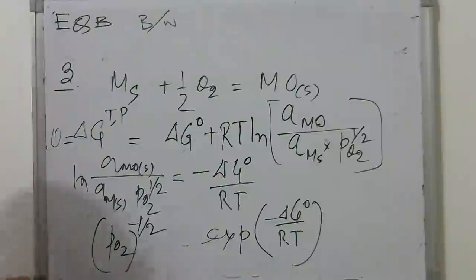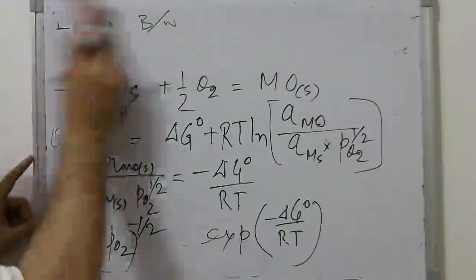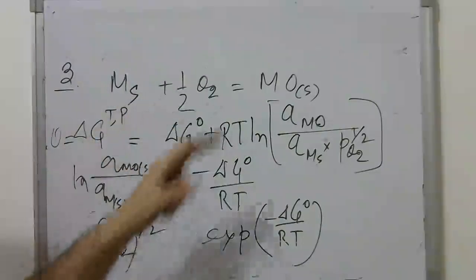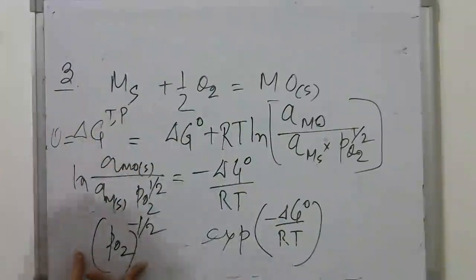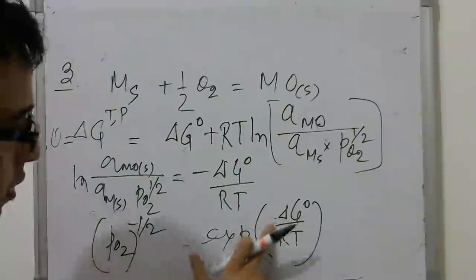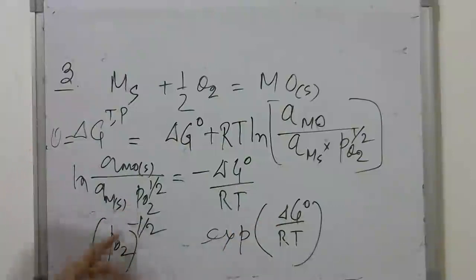If I want to calculate the partial pressure of a gas, for example here oxygen, in the system for a reaction like this, what would be the partial pressure for equilibrium to exist at a temperature T and P? So this minus won't be there, right? I'll just redo it, then you will understand why.